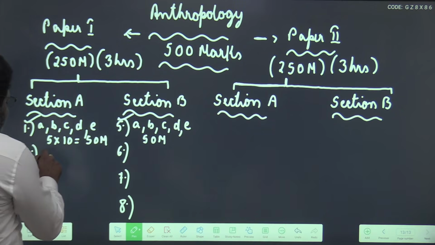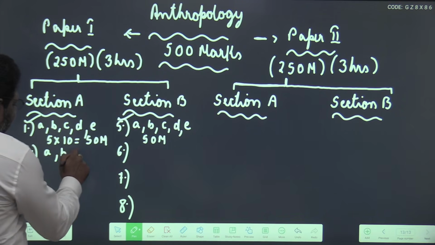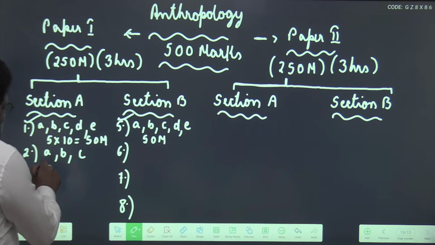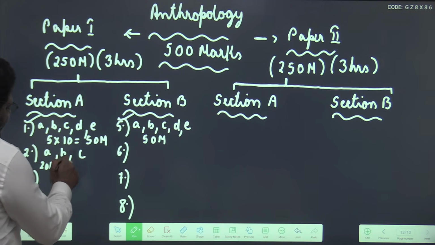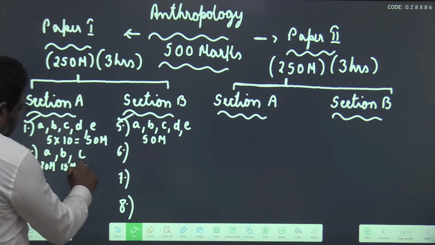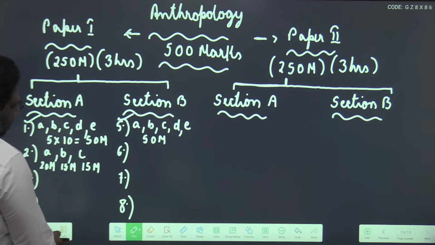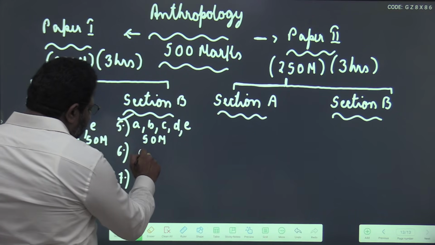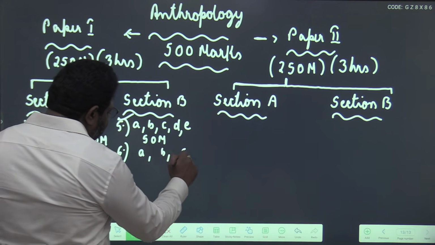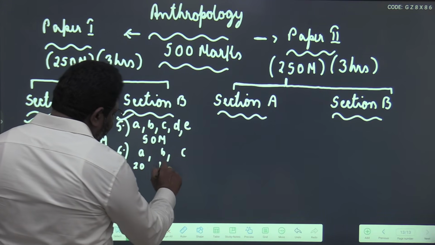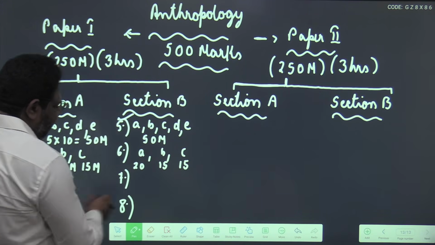Now in the second question again you have 3 parts. A is always for 20 marks, B is for 15 marks, C is for 15 marks. Same is the case with the rest of the questions. So 20, 15, 15. So 50 marks.